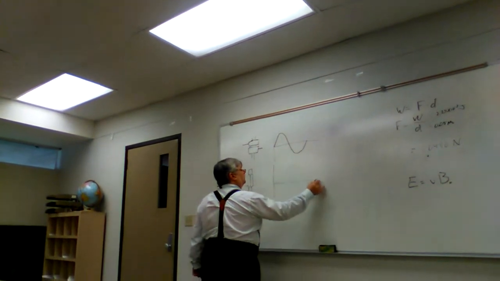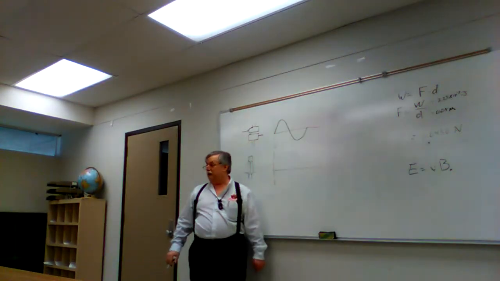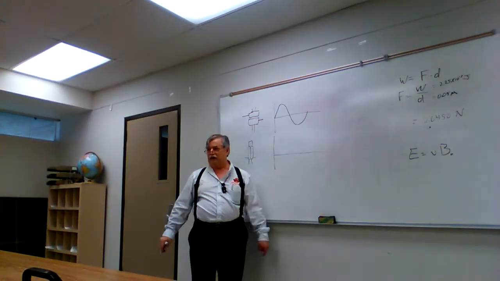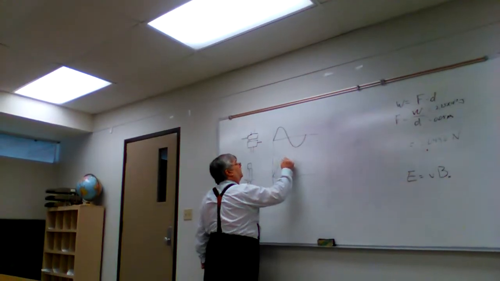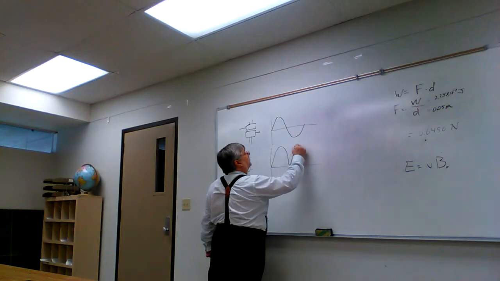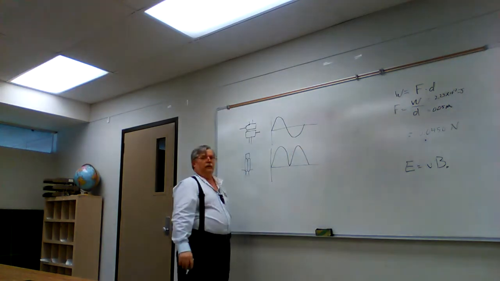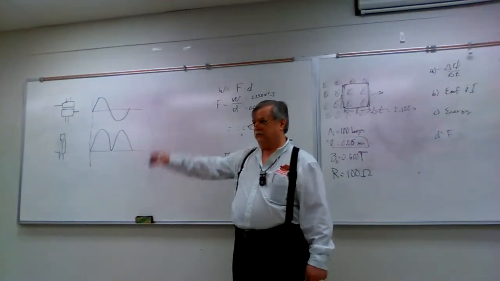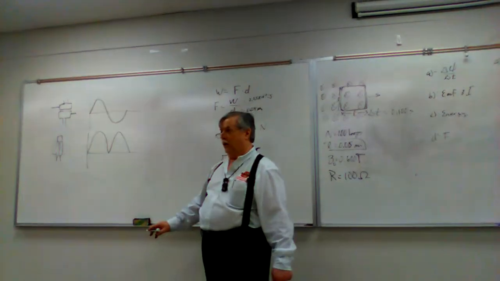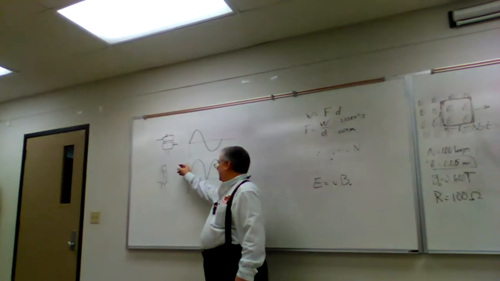And then what we couldn't see because we couldn't get it to work steadily and consistently enough is that the current would do this. Now it's still changing from 0 to max back to 0, but it's all in one polarity.